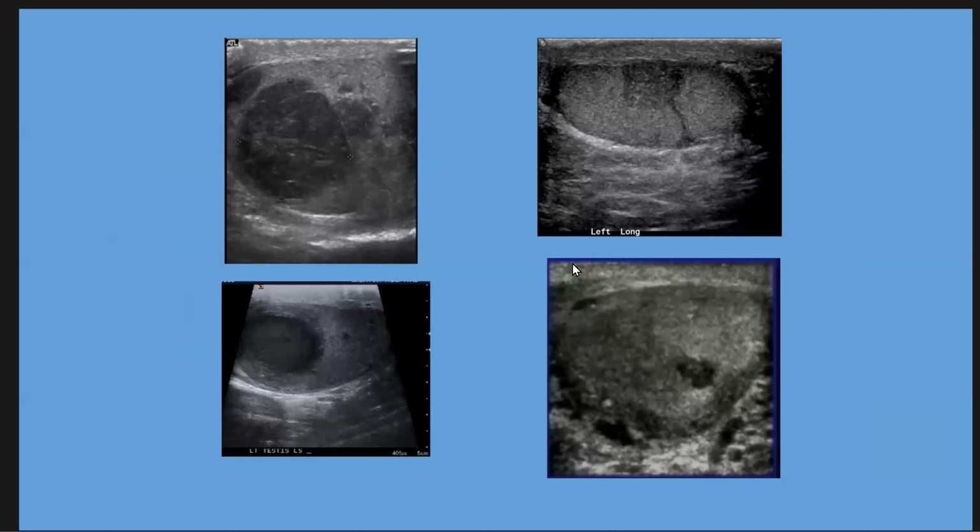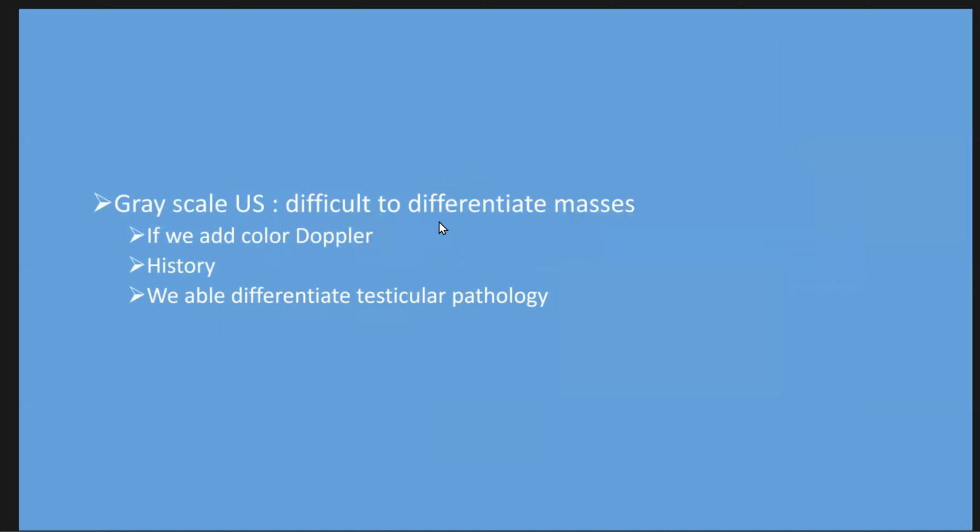As we see here, we have a grayscale ultrasound of 4 patients. All of them have a hypoechoic mass lesion, and we cannot differentiate which one is a tumor. But if we add clinical history and Doppler, we are able to differentiate.